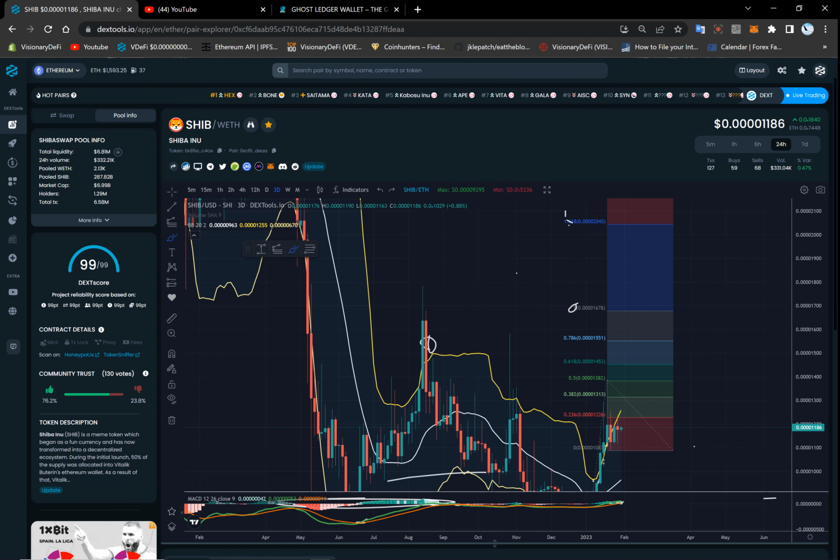So this is your profit taking areas. Always remember this is the blue box here. As soon as price comes into this blue box, sometimes it will attempt to break beyond it, but that's if there's a lot of volume.